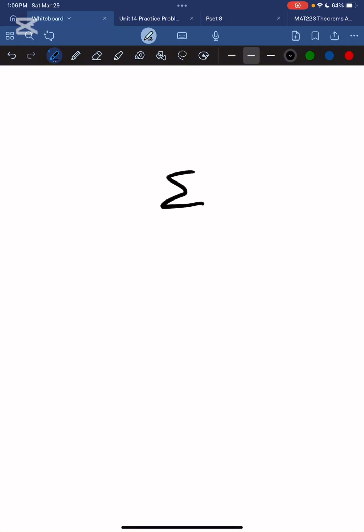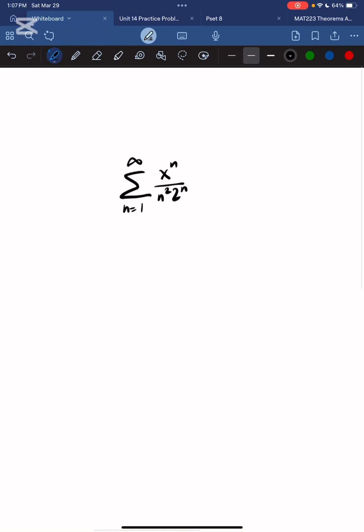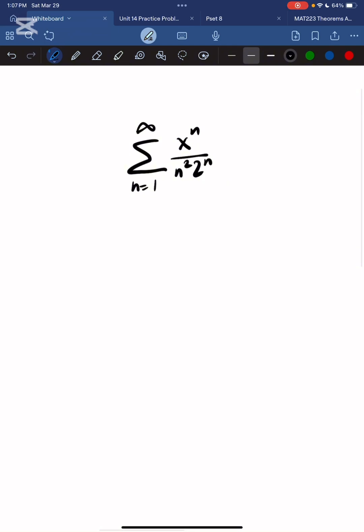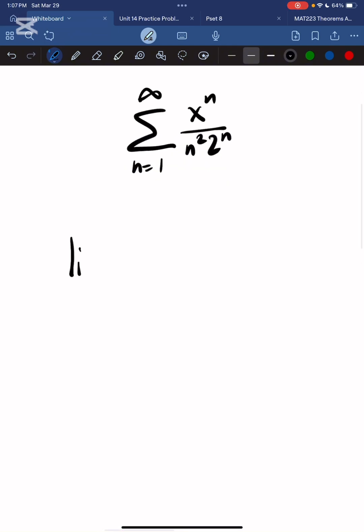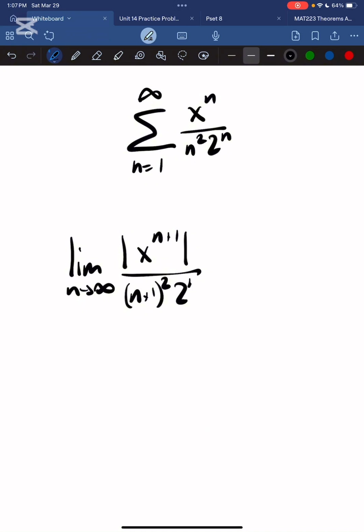Let's find both the radius and interval of convergence for this series: x to the n over n squared times 2 to the n. Try to do it at home, but I'll just go through the answer. What we want to do here is use the ratio test. So we have the limit as n goes to infinity of the absolute value of x to the n plus 1 over (n plus 1) squared times 2 to the n plus 1.